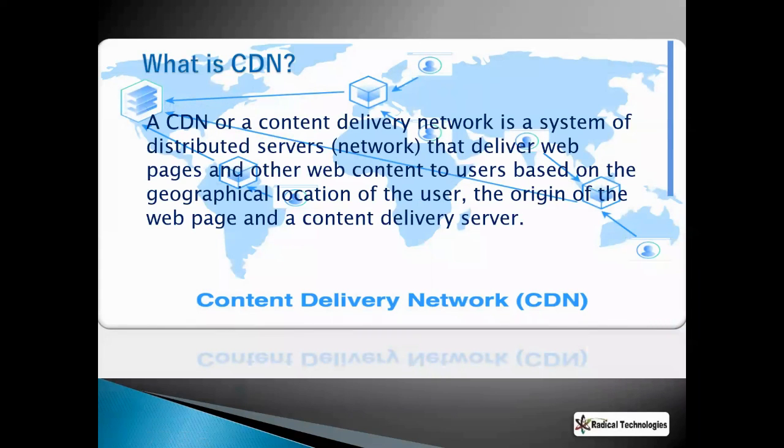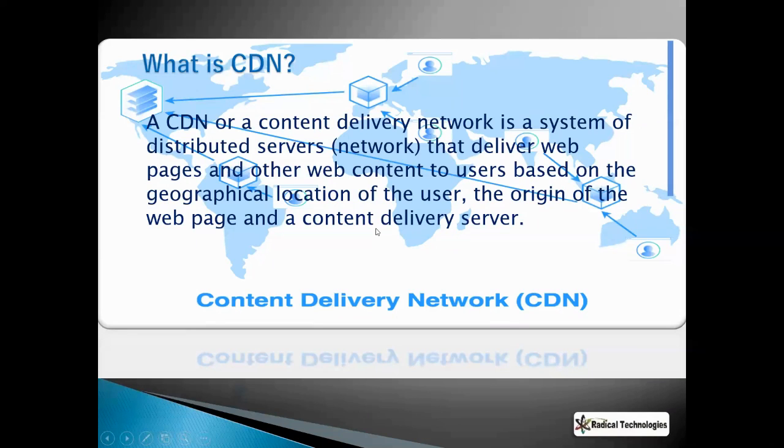Okay. So what is CDN? A CDN, or a content delivery network, is a system of distributed servers that deliver web pages or other web content to users based on the geographical location of the user, the origin of the website, or the content delivery server. What does that mean?